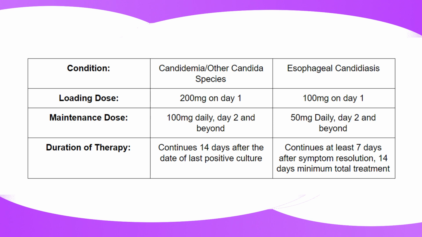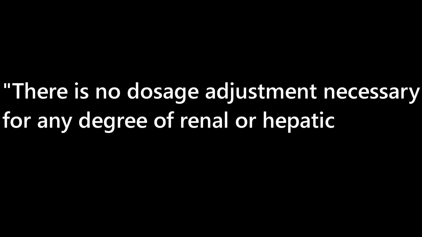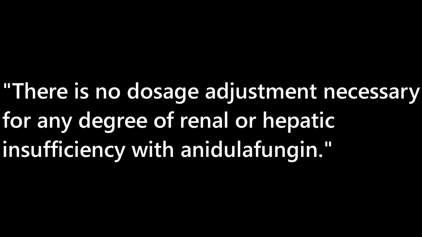Treatment is for a minimum of 14 days and for at least 7 days following resolution of symptoms. One special note, there is no dosage adjustment necessary for any degree of renal or hepatic insufficiency with anidulafungin. So if you want to skip the hassle, avoid mycofungin and caspofungin and skip straight to anidulafungin.